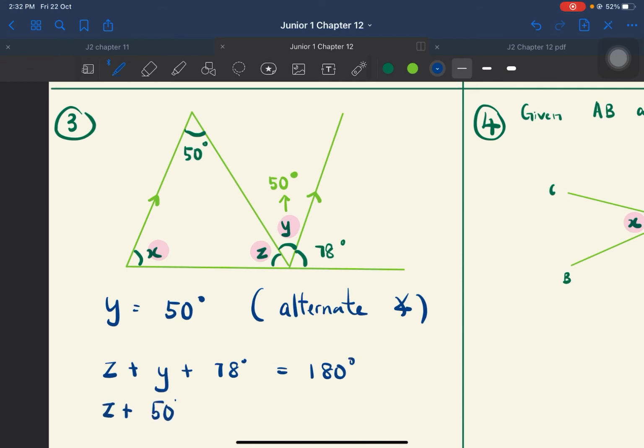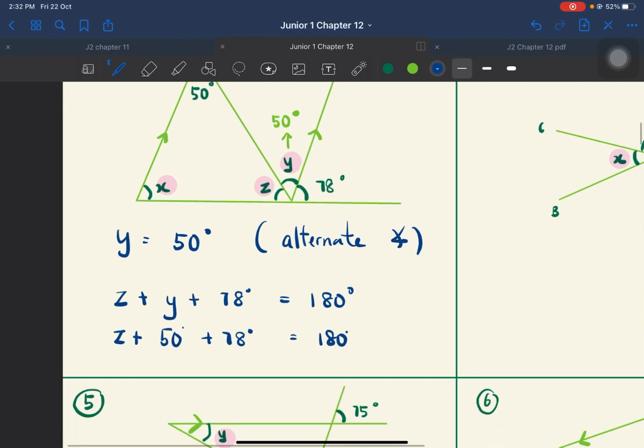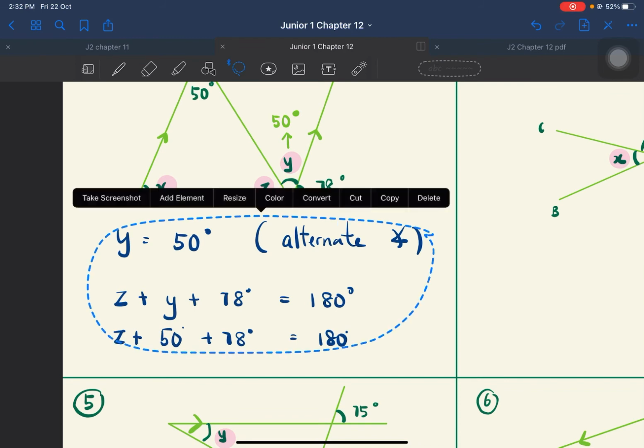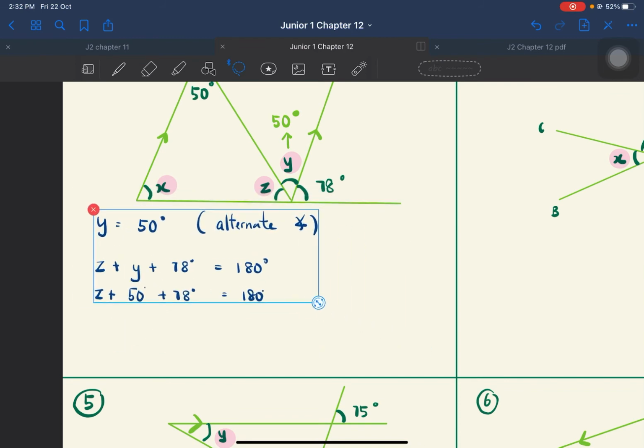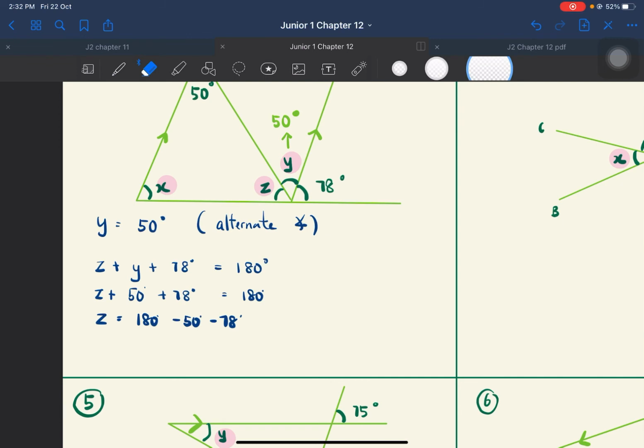So z plus 50 plus 78 equals 180 degrees. Okay, so your z will be 180 minus 50 degrees minus 78 degrees. You will get z equal to 52 degrees.